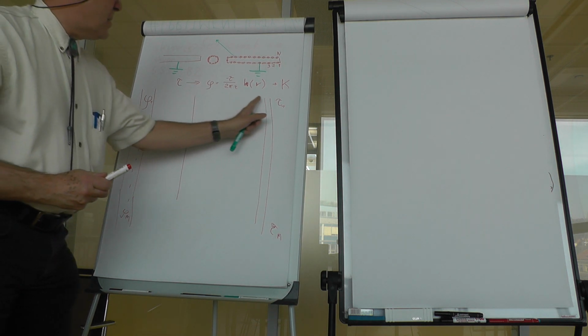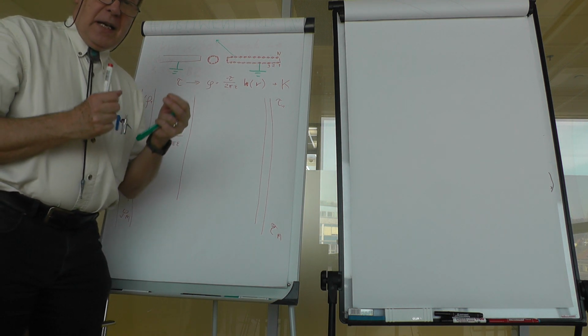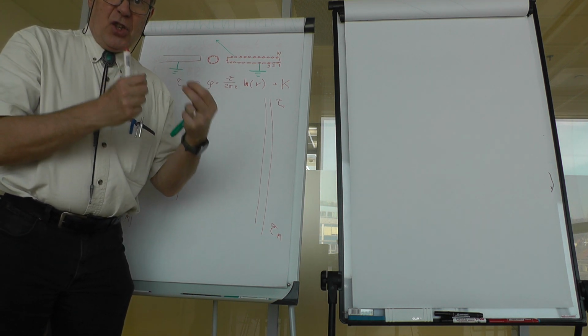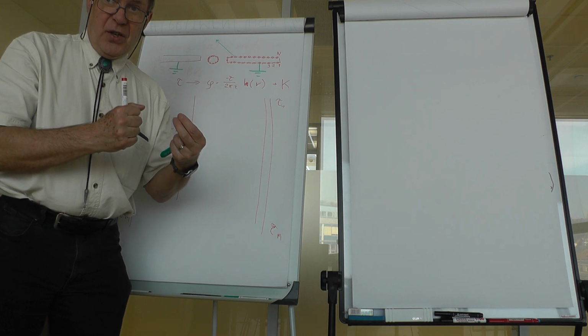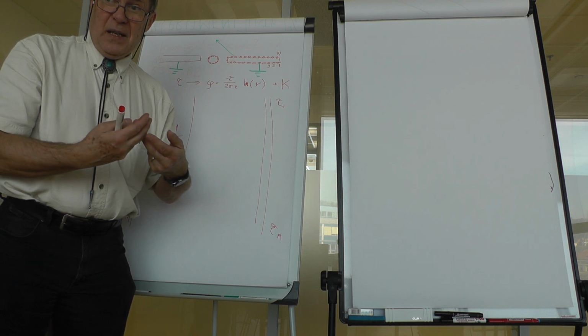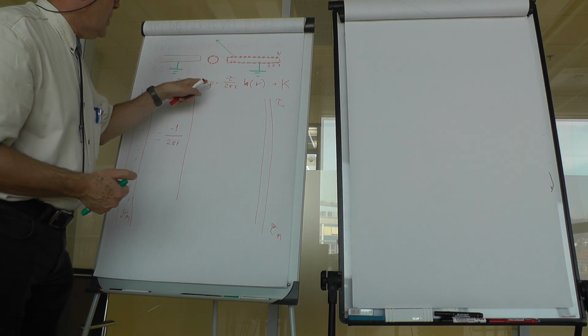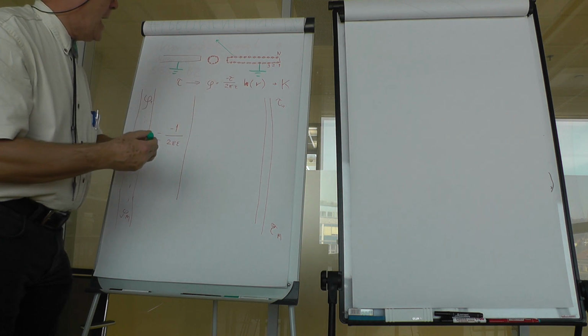Now how will this matrix look like? Well, of course the wire has a charge, and this charge puts some potential, or some part of the potential, to the surface of that wire.